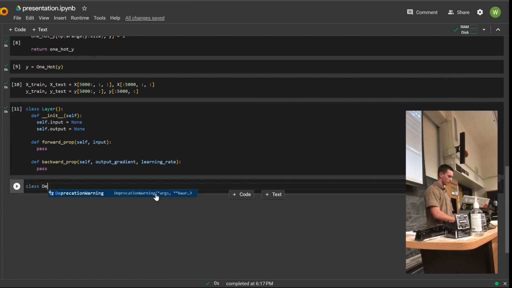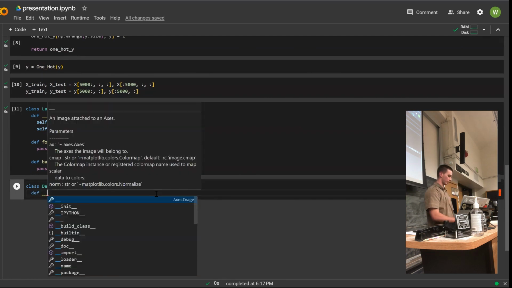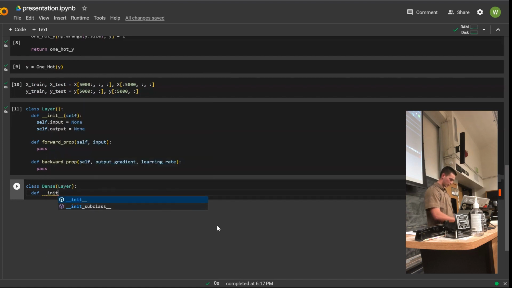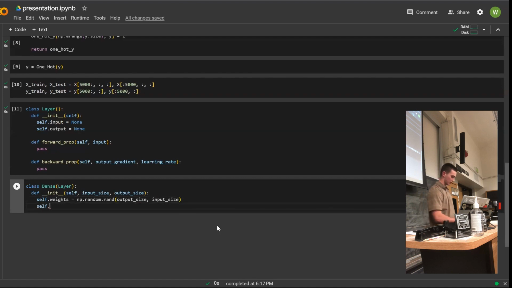Okay, so that wasn't too interesting, but now comes the fun part. We're going to create our dense layer, right? And this was the one that computed the linear combination of the input, right? So we're going to start with random parameters. So I'm initializing the weights matrix here and the biases vector.